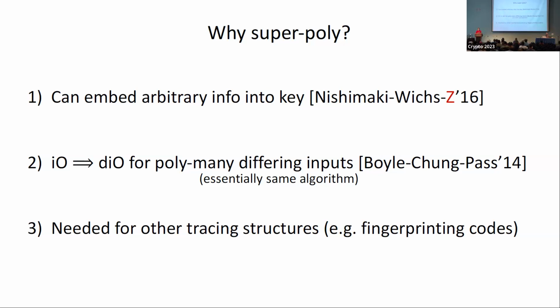It also relates to this problem in the obfuscation setting of proving the equivalence of something called indistinguishability obfuscation and differing inputs obfuscation. There's a very similar algorithm that was actually the inspiration for the tracing algorithm that shows that two of these notions are the same. But again, it works in the super polynomial domain setting. And for other traitor tracing structures like fingerprinting codes, it's sort of inherent that you are looking at a super polynomial domain.